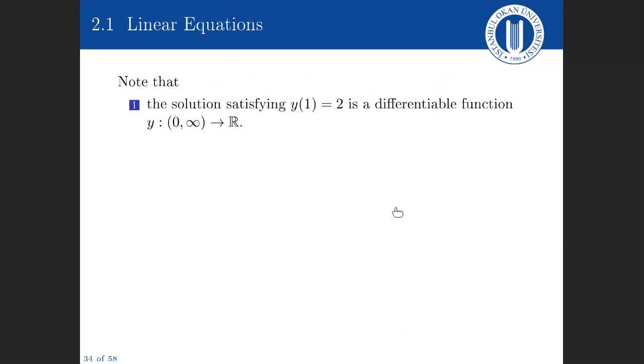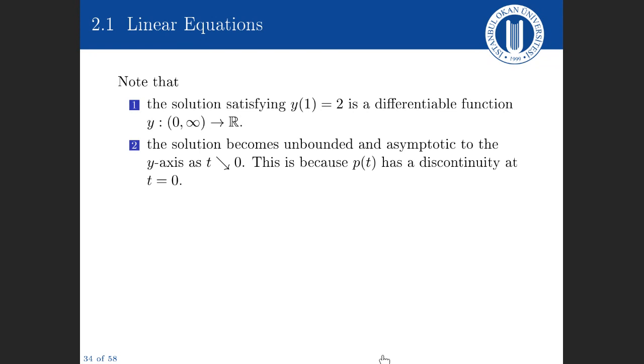I want to make some notes. Note that our solution is a differentiable function which is defined for positive t, defined for t between 0 and infinity, because it goes up to infinity as t decreases to 0.